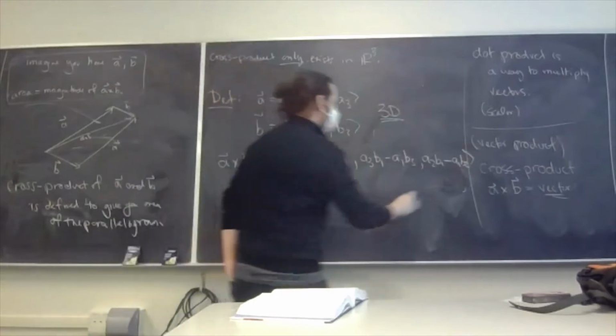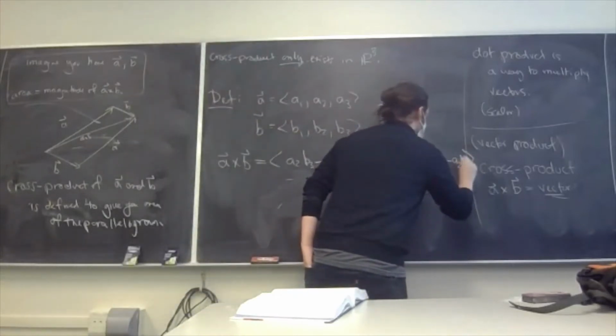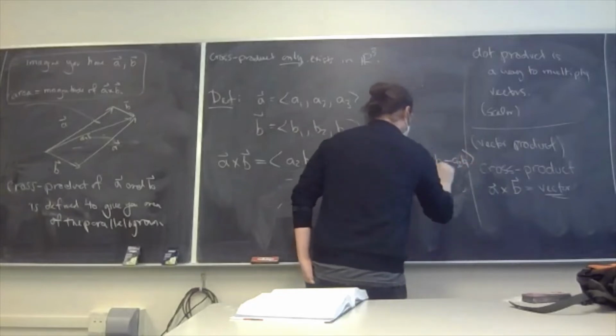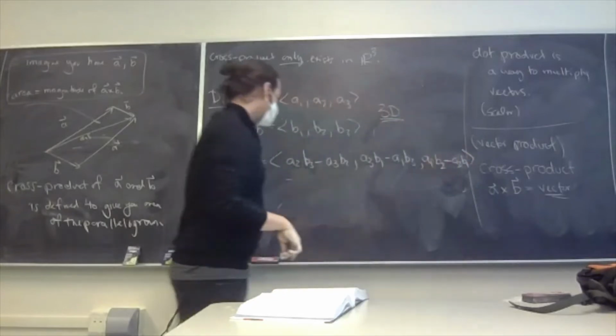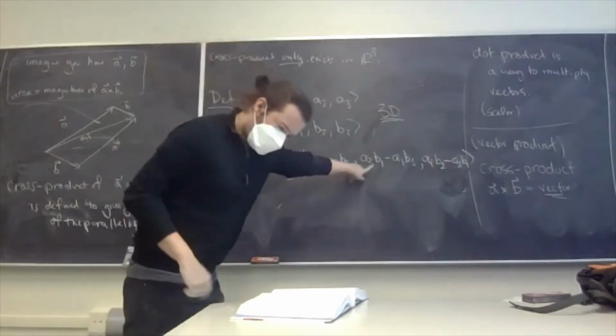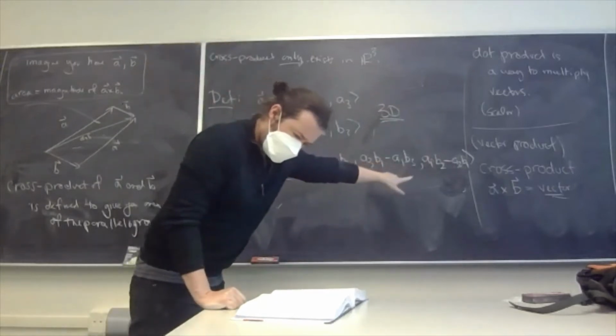I got this backwards. This is A2 B1. 2 before 3, 3 before 1, 1 before 2. Yep.